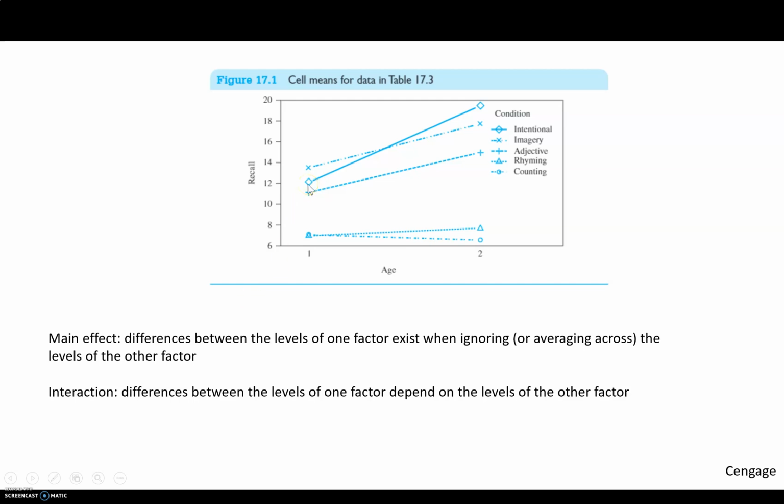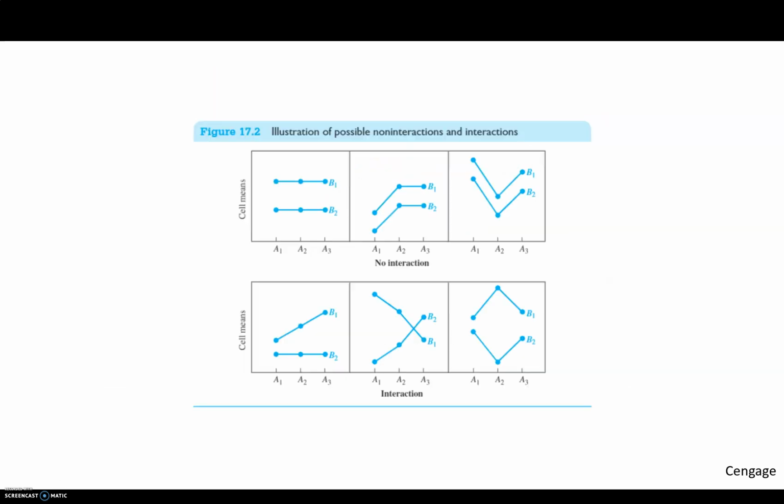Here you've got this intentional condition that slopes a lot higher than the imagery condition. So the differences between recall in young versus old depend on whether you're in this condition versus this condition. That would be an interaction.